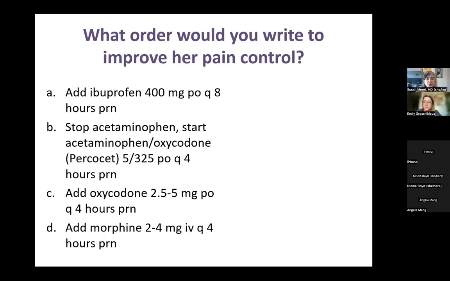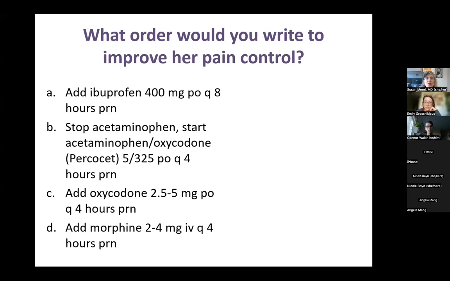So first poll question. What order would you write to improve her pain control? Would you add ibuprofen? Would you stop the Tylenol and start a combination product? Would you add oxycodone, 2.5 to 5?